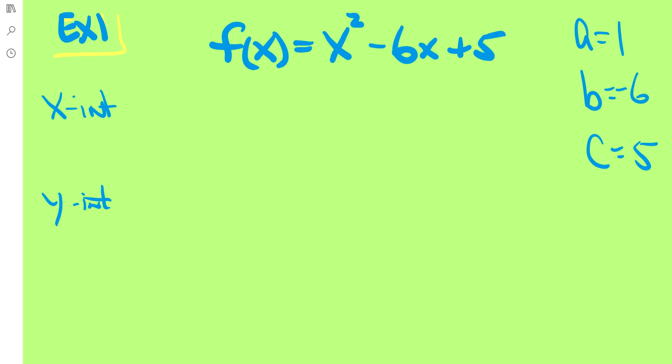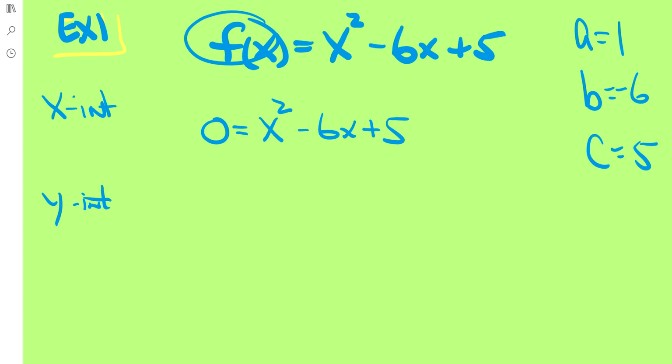So what do we know? Quadratic function, I've got to get the equation equal to 0. So this is f of x, which is the same as y, that I'm going to make 0. So it'll be 0 equals x squared minus 6x plus 5.